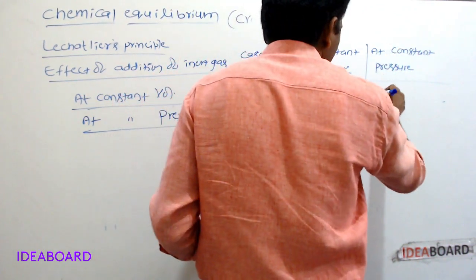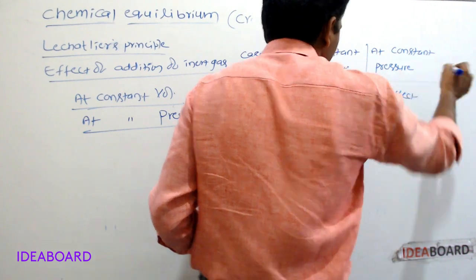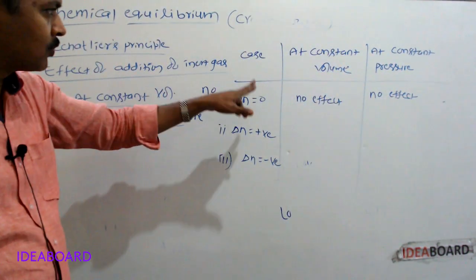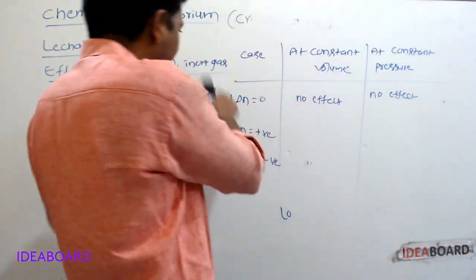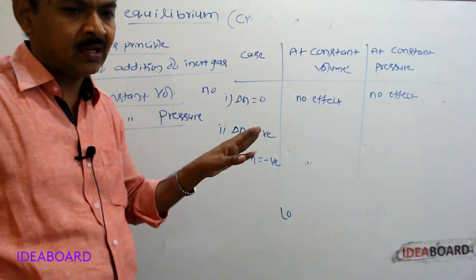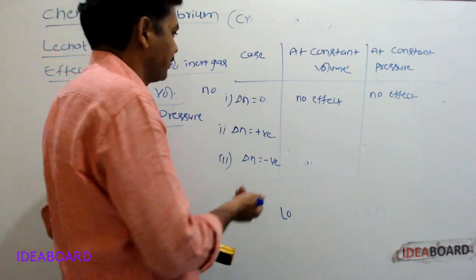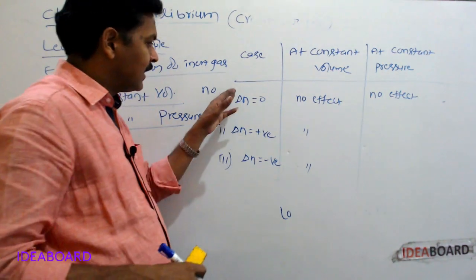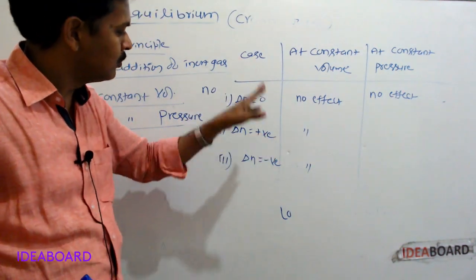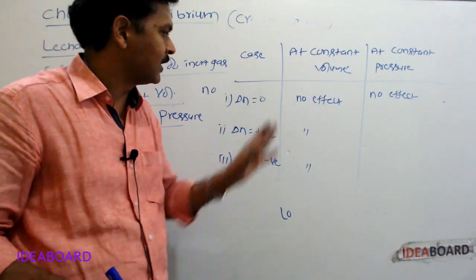If delta n is equal to 0, at constant volume and at constant pressure, there is no effect. If inert gas is added, it does not affect the position of equilibrium. So at constant volume, whether delta n is 0, positive or negative, it has no effect.